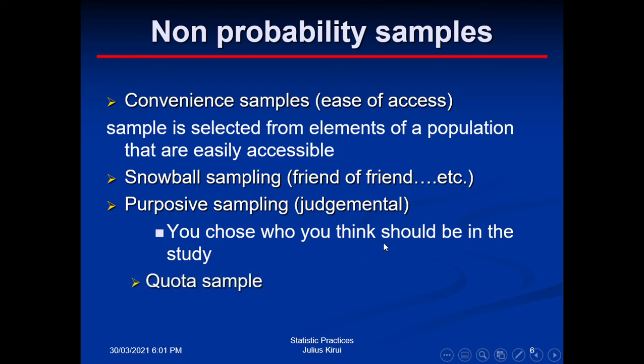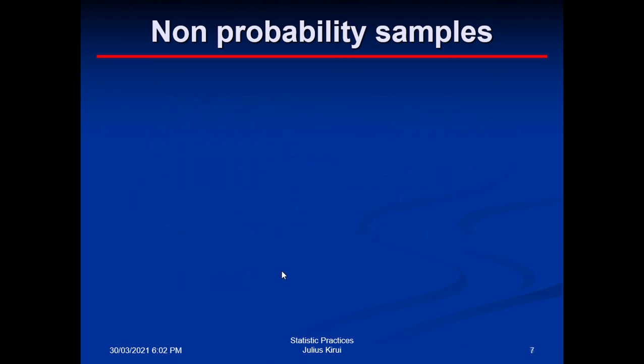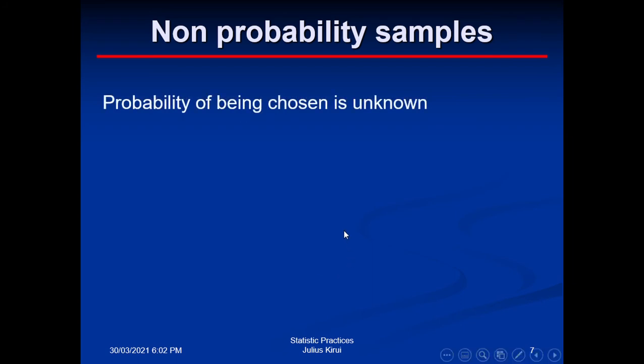Then quota sampling. Let me say this: I'm giving you an assignment. Go and find out what quota sampling is all about. Is it okay? How do you get quota sampling? The probability of being chosen is unknown.